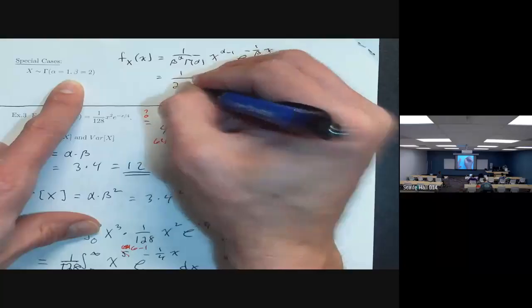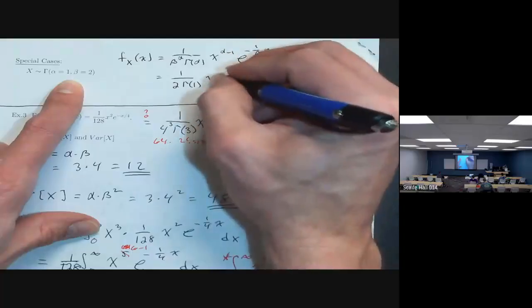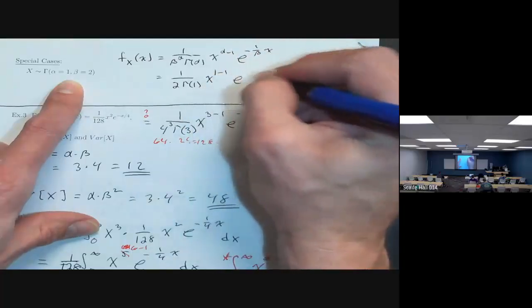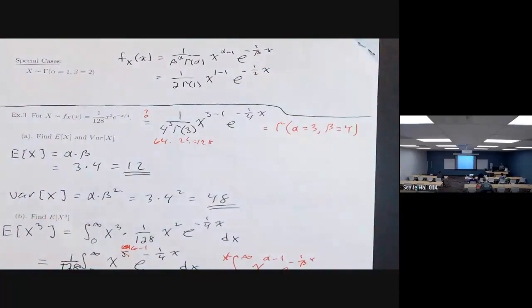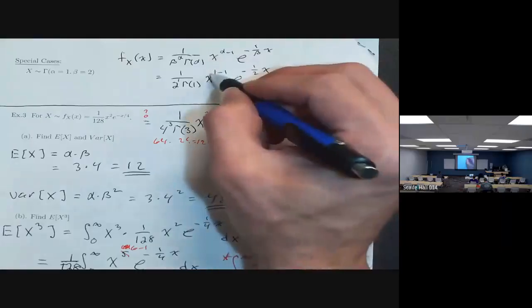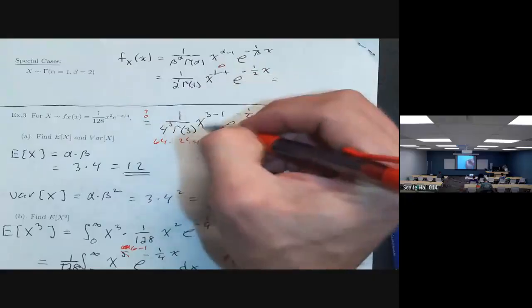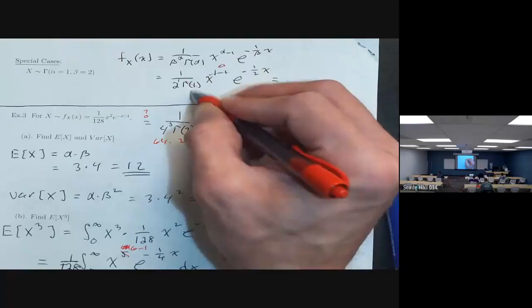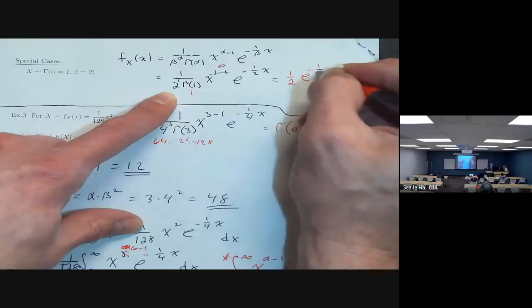So I have 1 over 2 to the 1, gamma of 1, times x to the 1 minus 1, times e to the minus 1 over 2 x. 1 minus 1 is 0, so that's a power of 0 and goes away. Gamma of 1 is 0 factorial, which is 1. So this simplifies to 1 over 2 e to the minus 1 over 2 x.